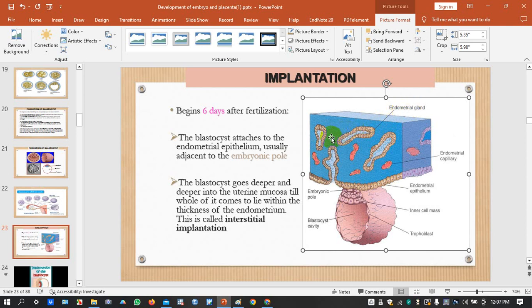Endometrial glands, there are glands also there to produce a whole lot of things, glycogen and the rest, to nourish the fetus. So the blastocyst, the conceptus, has to eat a lot of food. And most of the time, let me tell you something, missed abortions or miscarriages happen in the first 3 months of gestation, the first 3 months of pregnancy. Why?